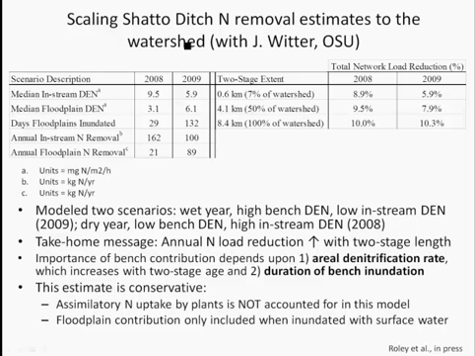So the better number to spell out would be that in 2009, for example, you had a 90% increase in the amount of load removed. But I don't think we need to talk about this percentage at all.